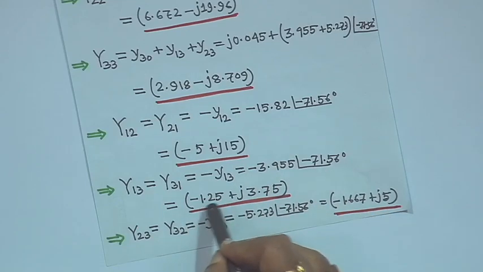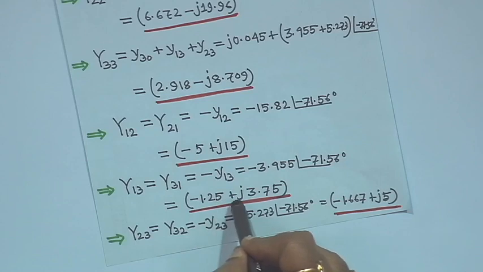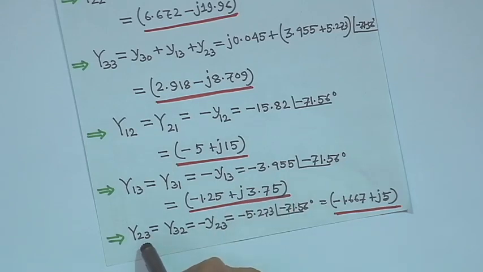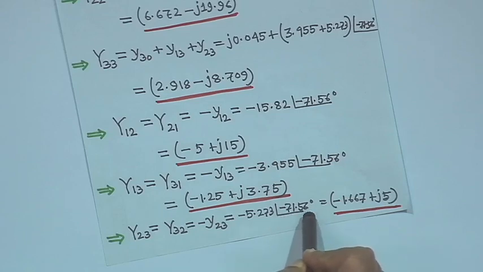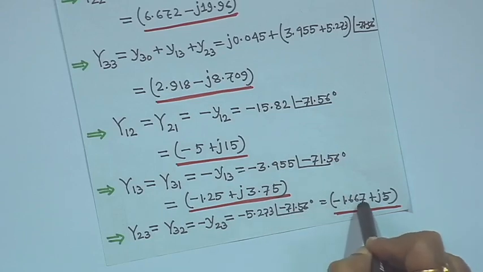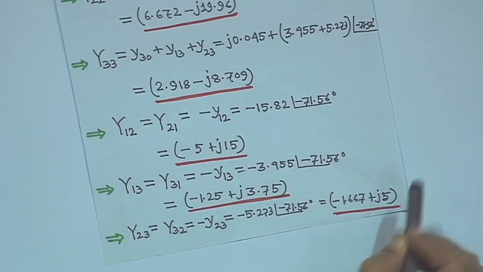This will become minus 1.25 plus j 3.75. Similarly, capital Y23 is equal to capital Y32 is equal to minus small y23, that will become minus 5.273 angle minus 71.56 degree. This will be minus 1.667 plus j 5, right.